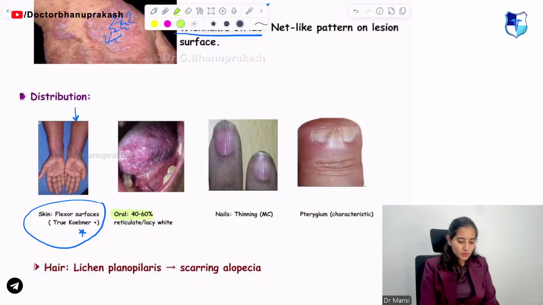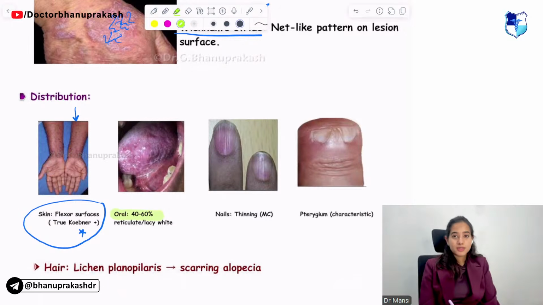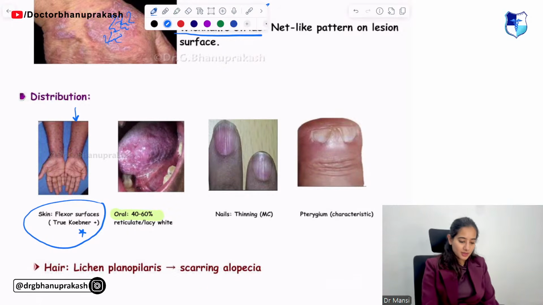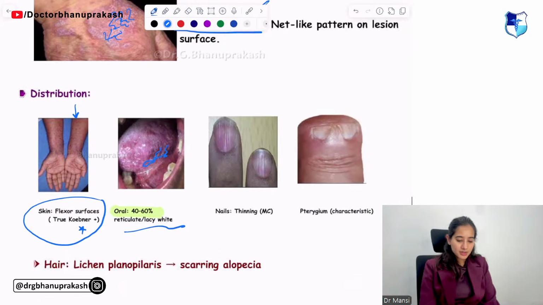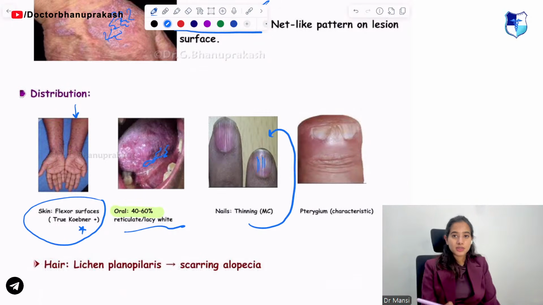Then you have the oral lesions, which are present in 40 to 60% of the patients of this condition, where there is a reticulate pattern, the white lacy reticulate pattern, which is seen. In the nails, you can see these lines, which tell you thinning of nails is present.